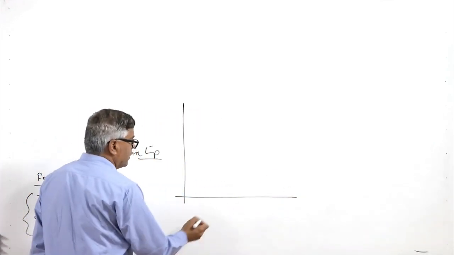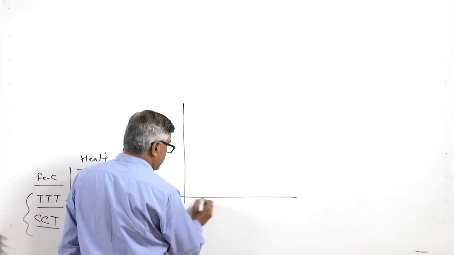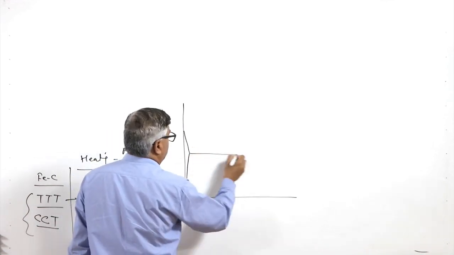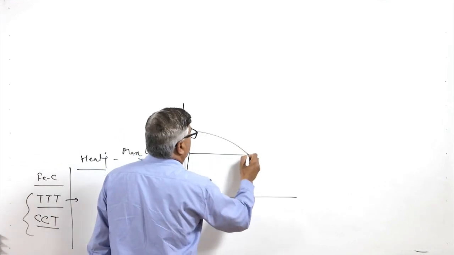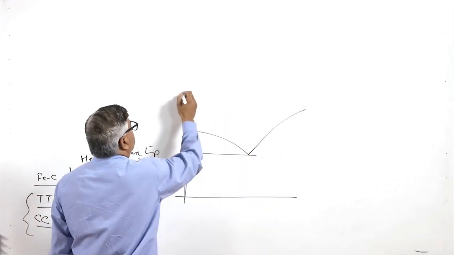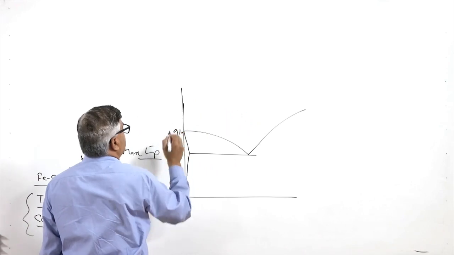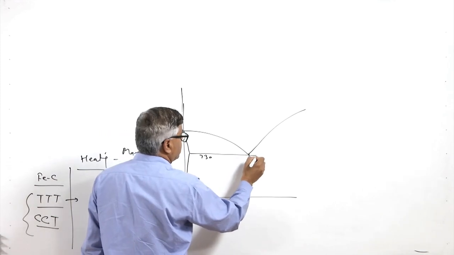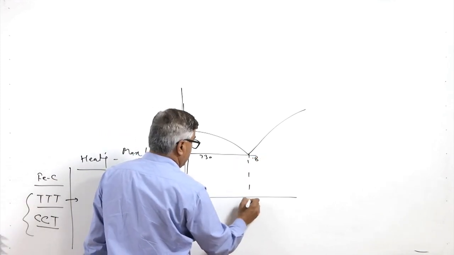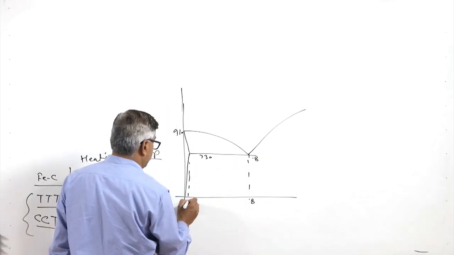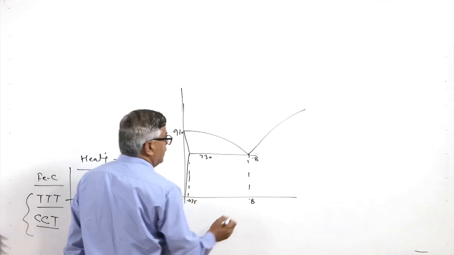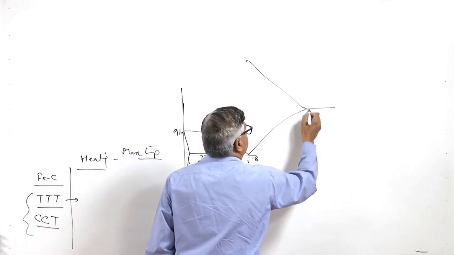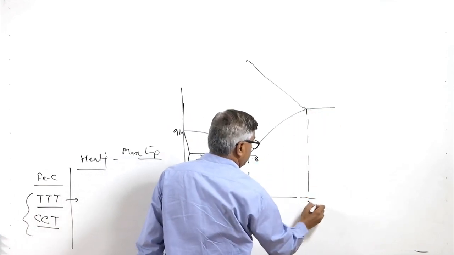It is like this, wherein this is the zone of interest for us. It is 910 degrees centigrade, it is 730 degrees centigrade, this is corresponding to 0.8%, and this is very less, it is 0.025%, and here it goes in like this, although this is not of interest for the steels, but this occurs at about 2%.